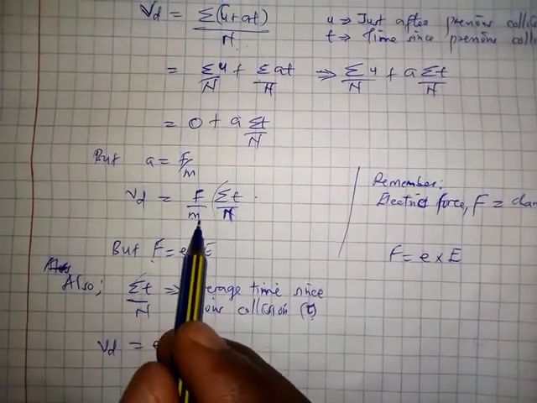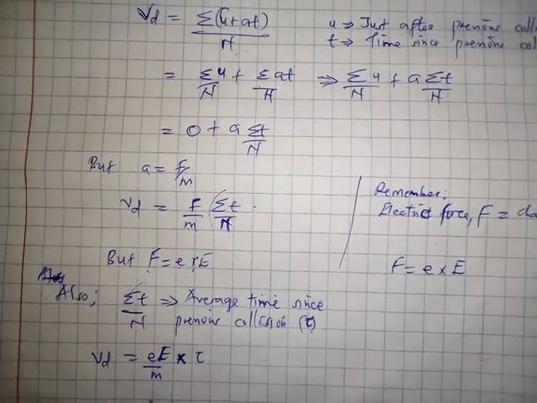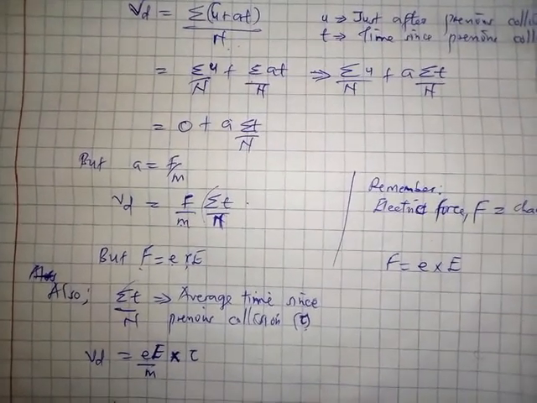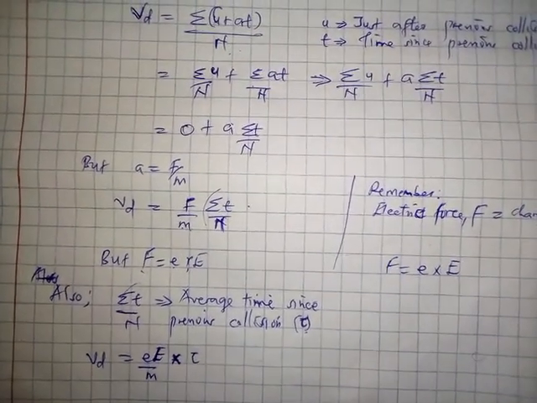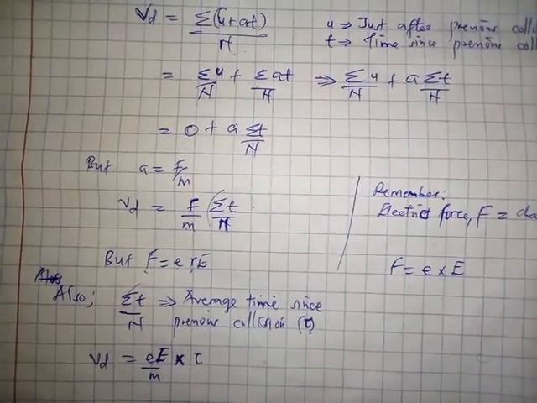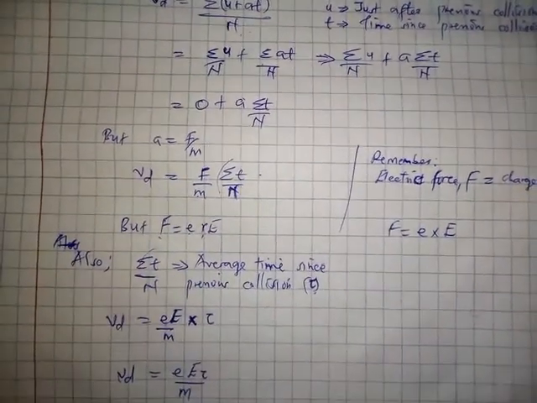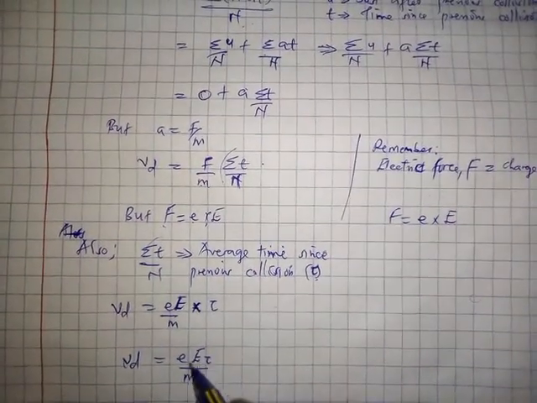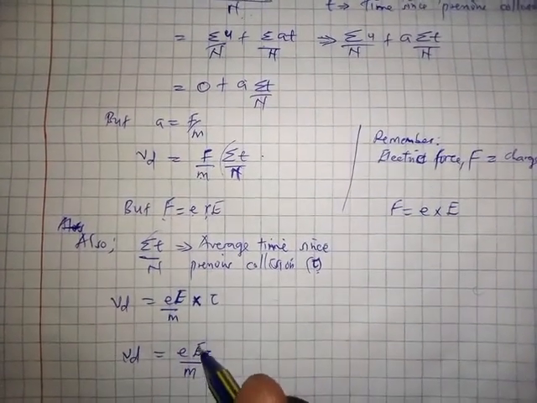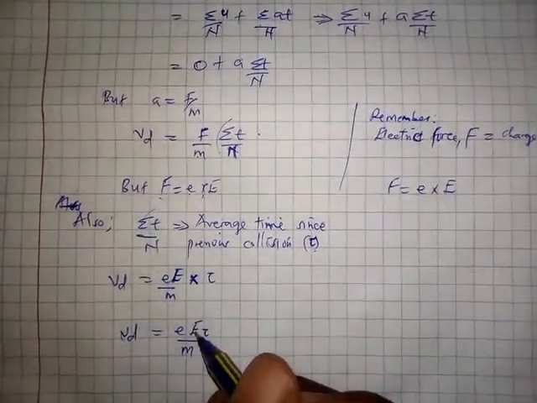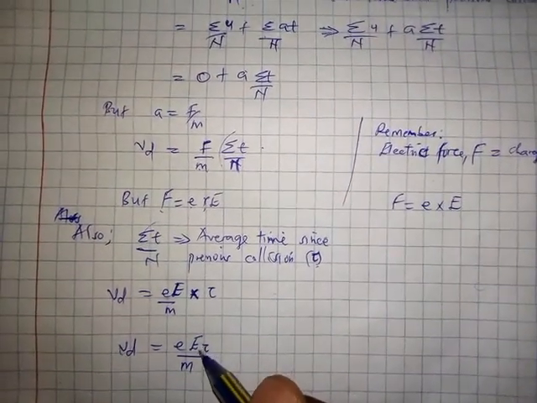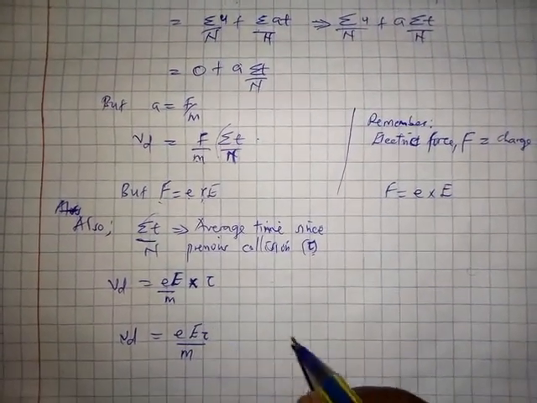Remember, we have here m over m, and Vd becomes eE tau over m, where e is the charge of an electron, the capital E is the electric field, and tau is the average time since previous collision.